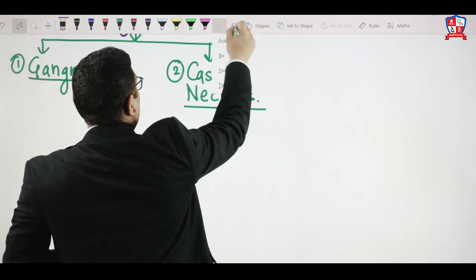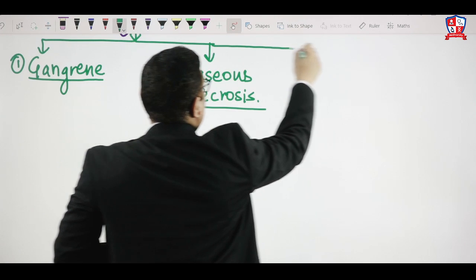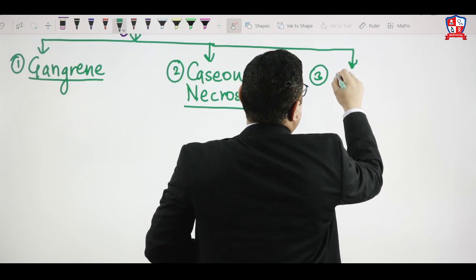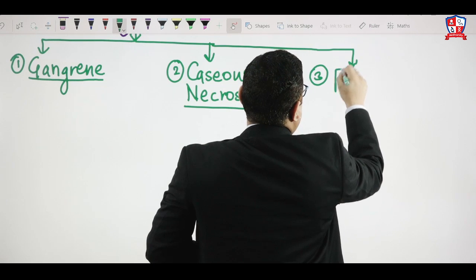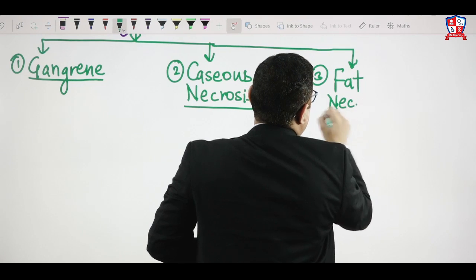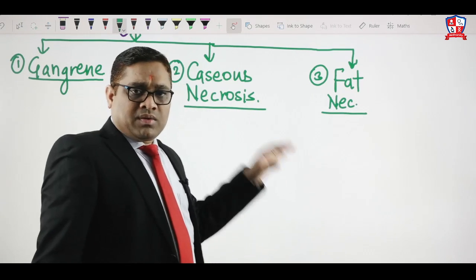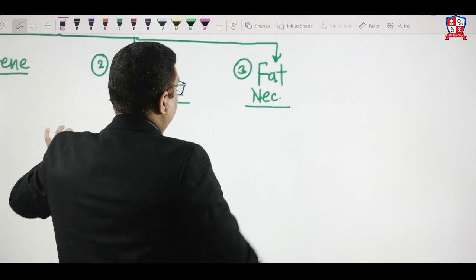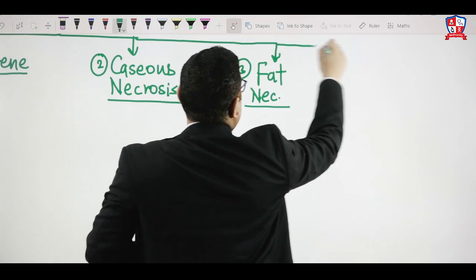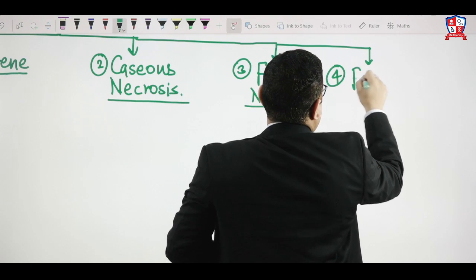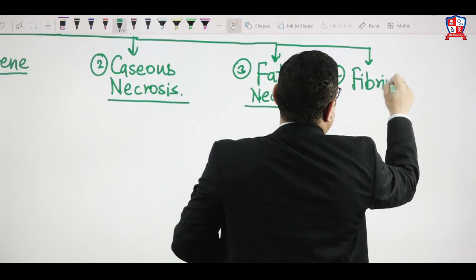And third one is fat necrosis. Right. Third one will be fat necrosis. And fourth one will be fibrinoid necrosis.